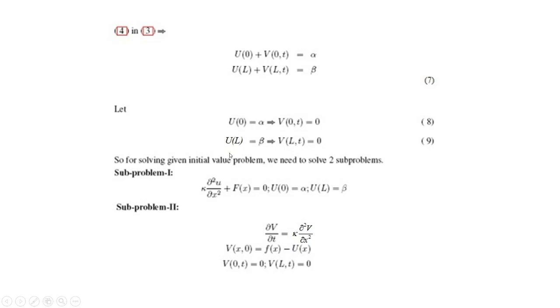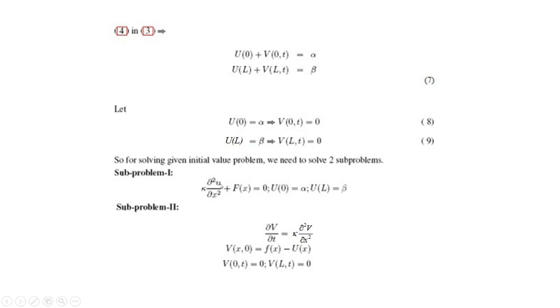So for solving the given initial value problem, we need to solve two subproblems. Subproblem 1 is kappa dou square U by dou x square plus f of x is equal to 0, which was equation 5, with conditions U at 0 equal to alpha and U at L equal to beta. You solve this and you will get your capital U of x.